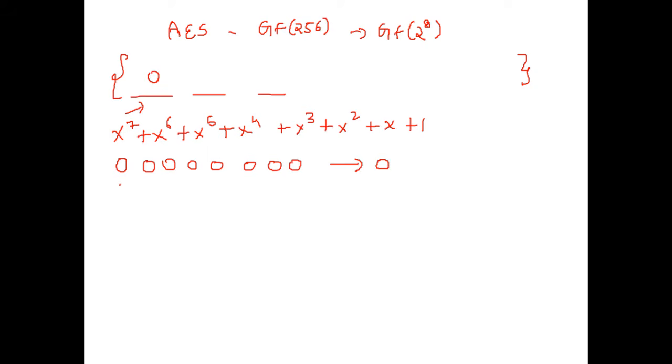Whereas the second element is represented like this, 0 0 0 0 0 0 1 0. So you have only this term in the polynomial present. What is that term corresponding to? That's an x. So your second element will be an x in this set. What is this set? GF 2 power 8.